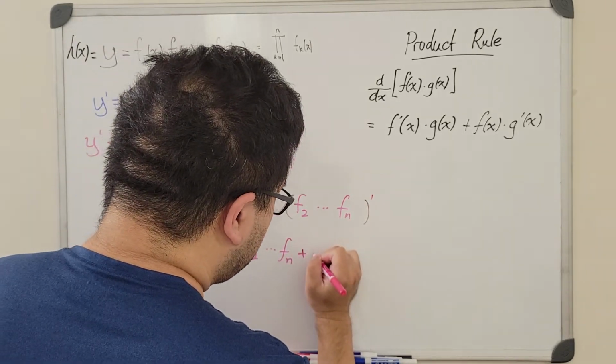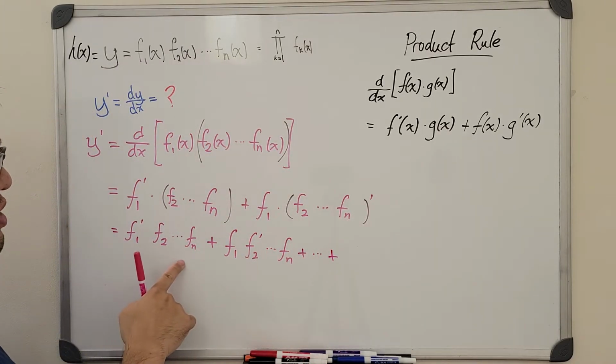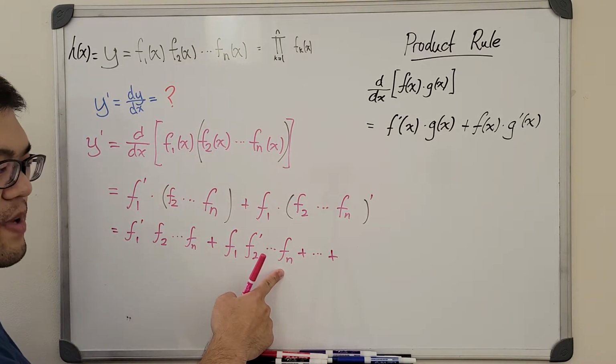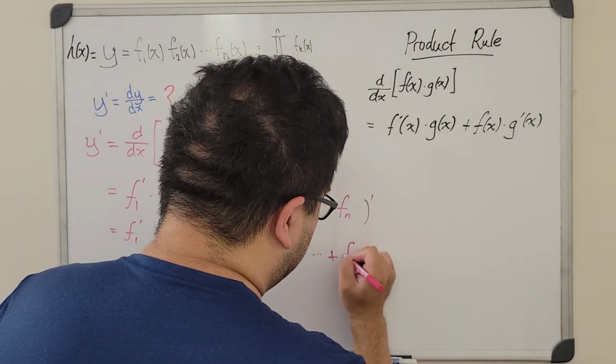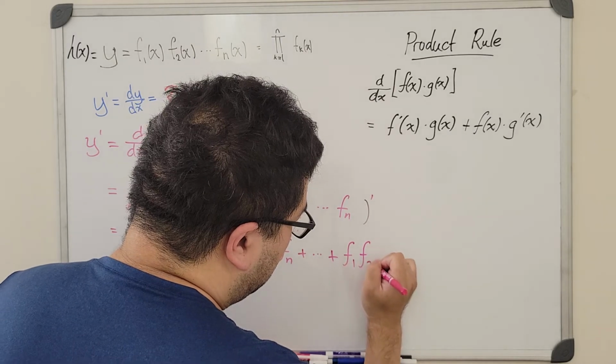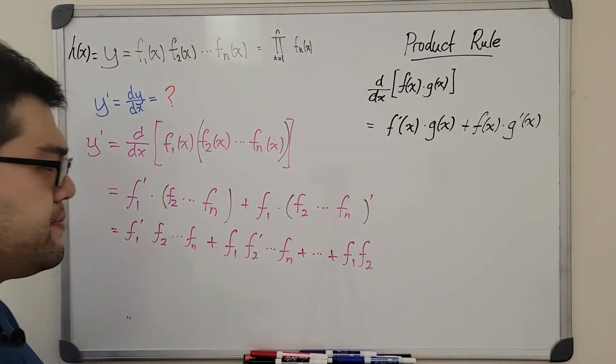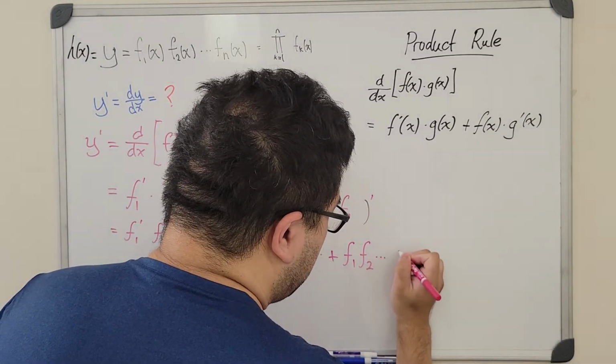Then we can continue the game until we hit the last term fn and take its prime, and everything else we just keep as it is.